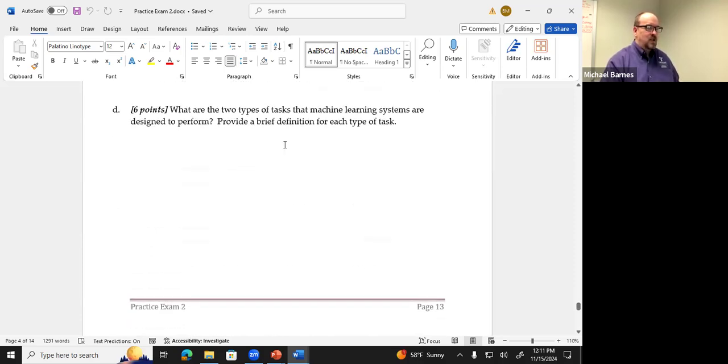Yeah. All right. What are the two types of tasks that machine learning models are designed to perform? Provide a brief definition of each type of task. Talked about in the study guide review. This is going to be classification and regression. Okay. Classification and regression. What's the difference? Classification is basically a label, usually a two-tiered label, either one category or a different category, dividing input into output groups.